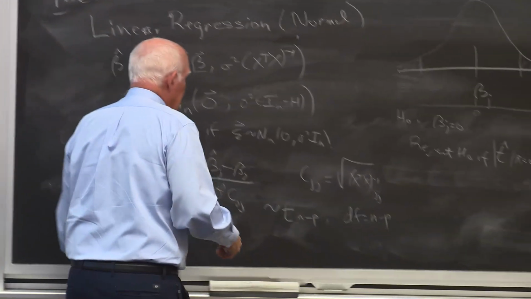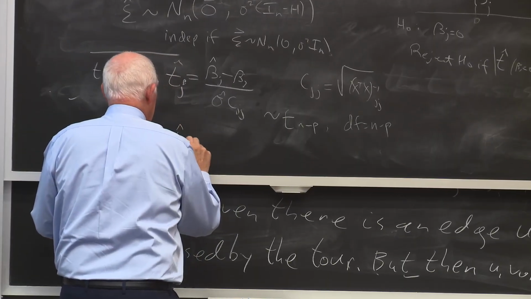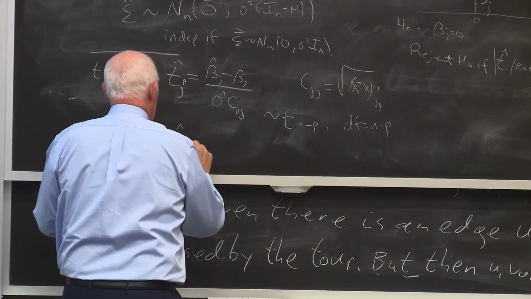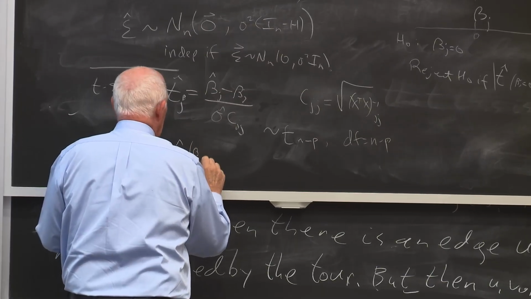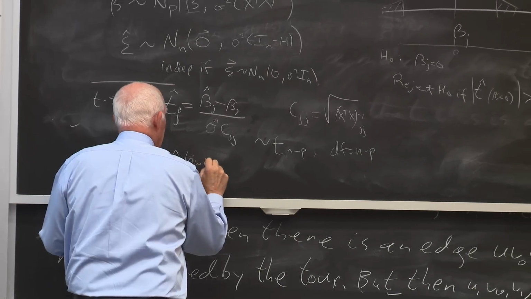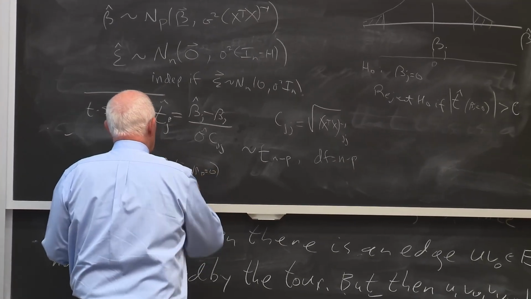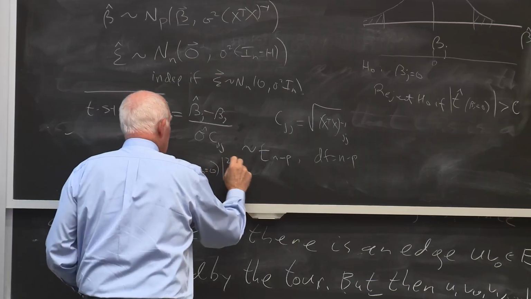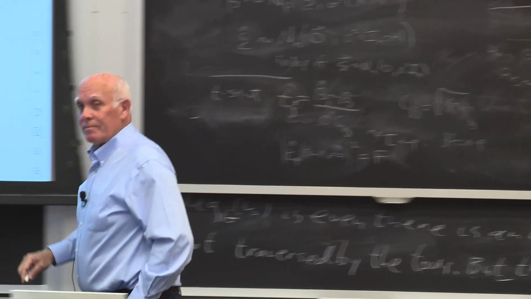And so it turns out that if we have the true beta, with beta p equal to 0, the t statistic squared is actually equal to this f statistic.